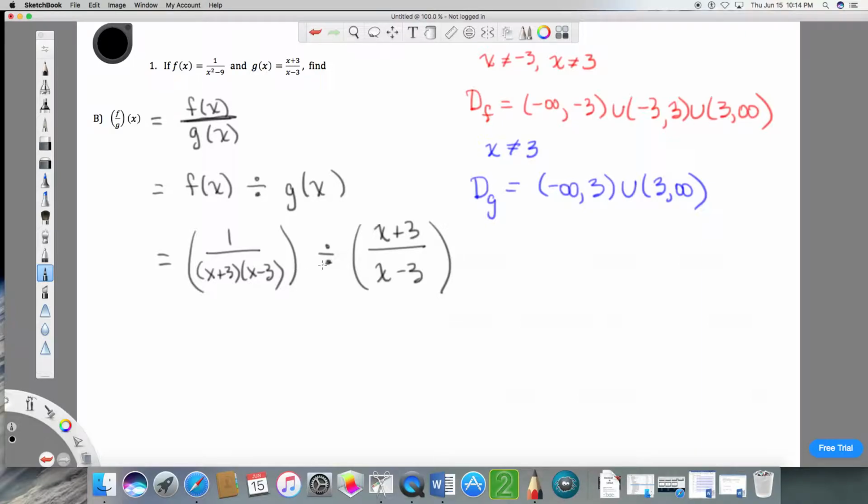Writing division with this symbol, in my opinion, helps students to remember how to divide complex fractions. That division is the same thing as multiplying by the reciprocal. If I change this division to multiplication, I have to flip this fraction.